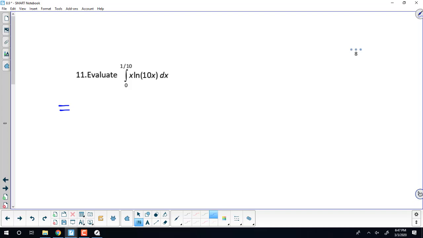No. Remember, here's the natural log. Natural log of 0 is a vertical asymptote. So the 0 is the issue, not the 1/10, because the natural log is defined at 1/10. So the 0 is our issue.